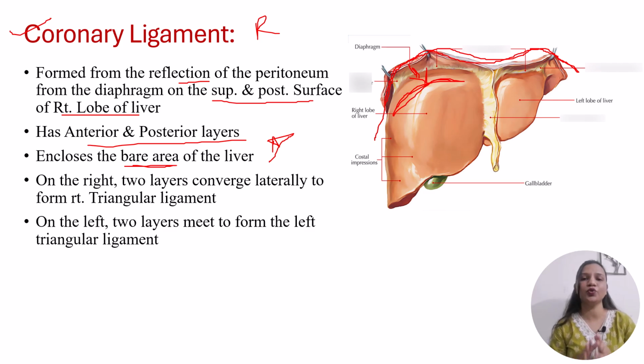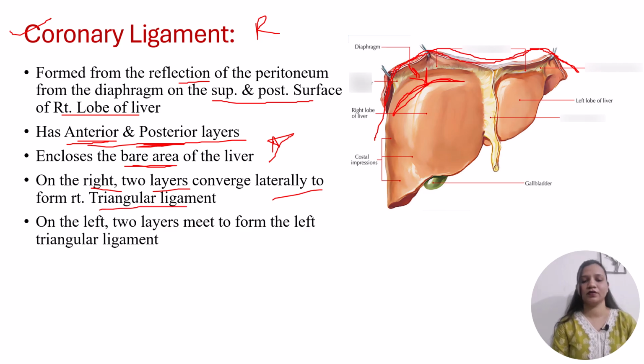That means there is no peritoneum present in that layer or related with that area. And this bare area of the liver, which is devoid of peritoneum, is enclosed by these two layers of the coronary ligament, which is the anterior and posterior layer. Okay. On the right, the two layers converge laterally to form the right triangular ligament.